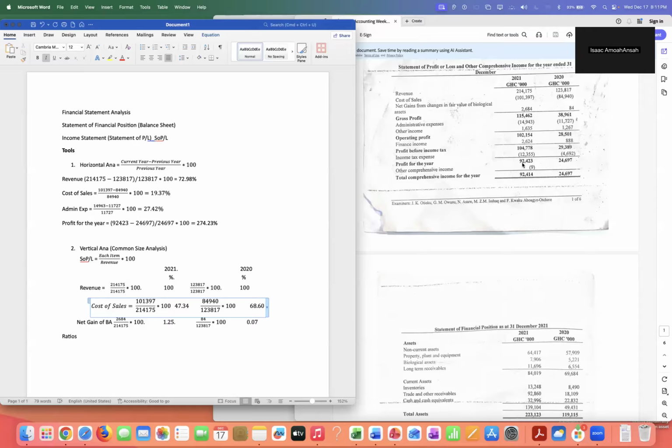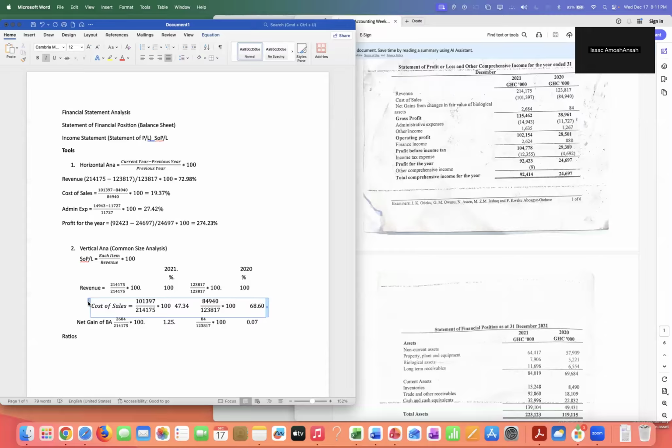You don't go and compute it elsewhere, but you try to maintain it in a statement form. So you would have 2021 here, 2020 here, and then you would list the items nicely under the years. Is that okay?